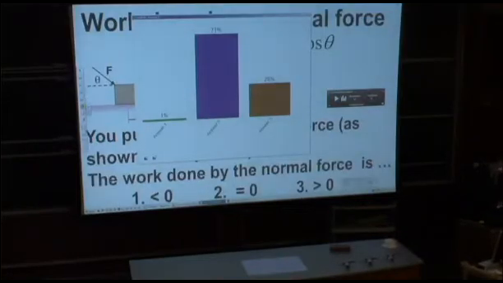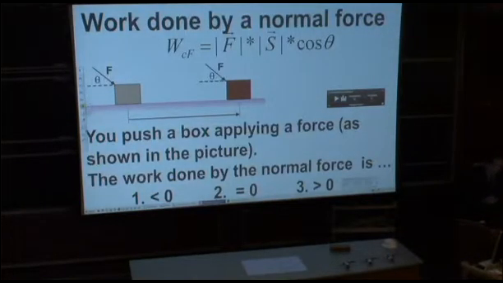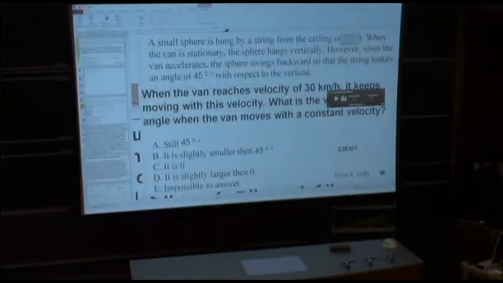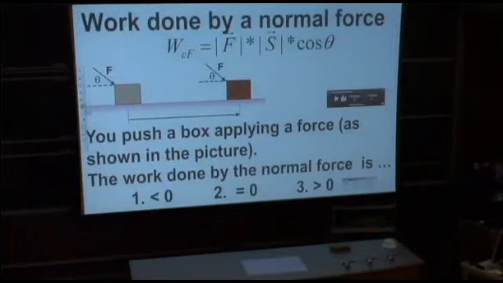Now, of course, we know that when calculating the work done by normal force, we should do this. Come back. The magnitude of the force times the magnitude of the displacement times cosine of 90 degrees.